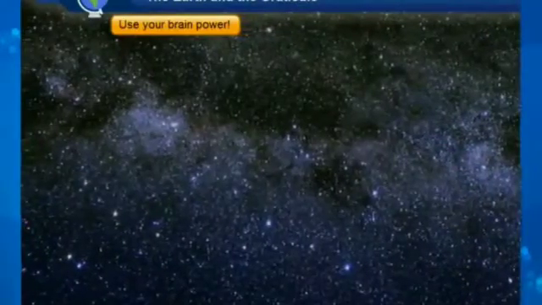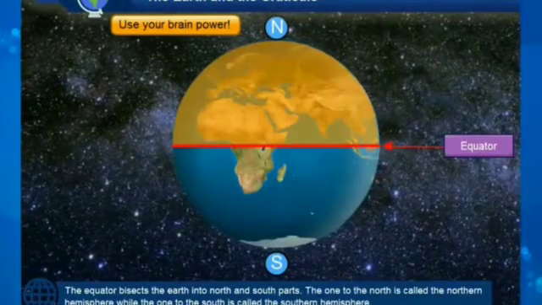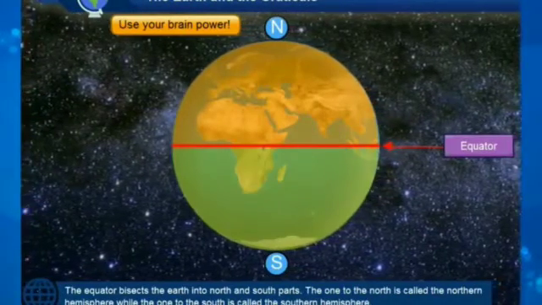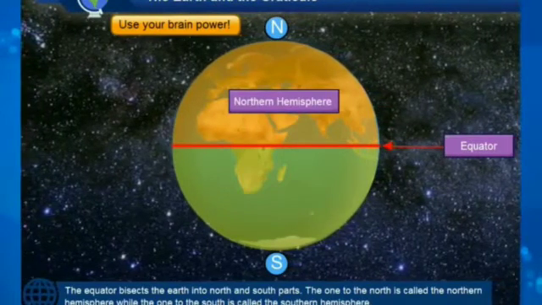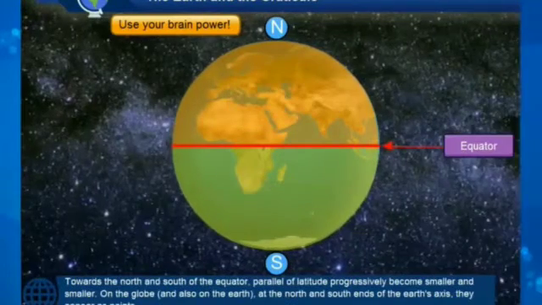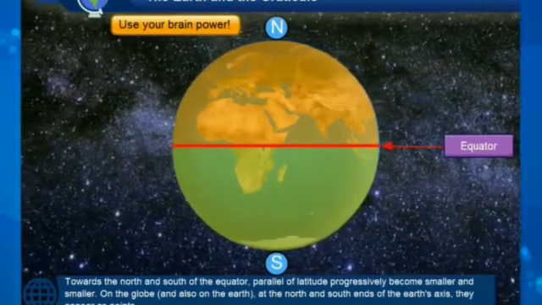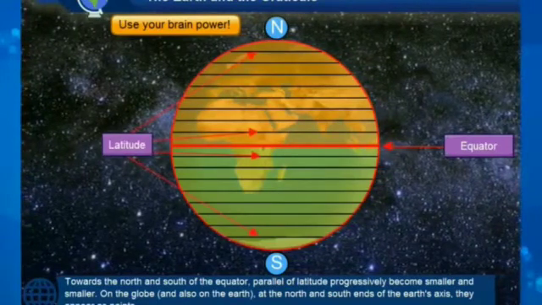It's your brain power. The equator bisects the Earth into north and south parts. The one to the north is called the northern hemisphere, while the one to the south is called the southern hemisphere. Towards the north and south of the equator, parallels of latitude progressively become smaller and smaller.